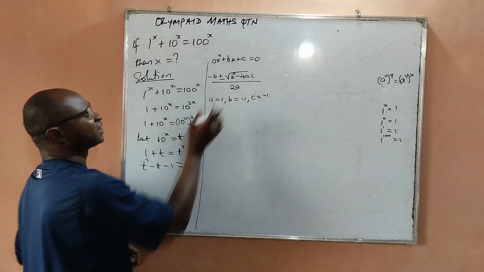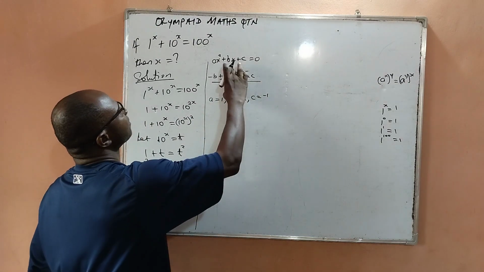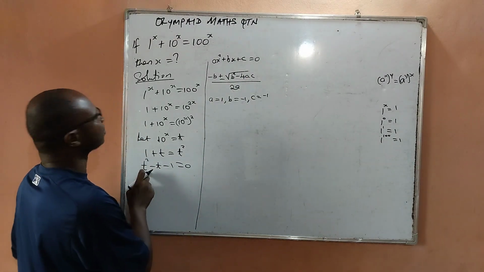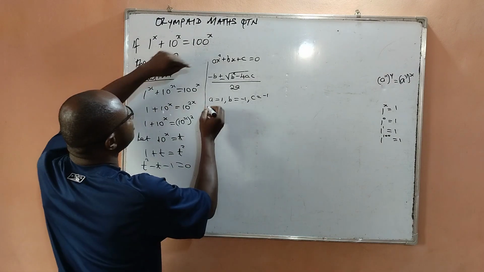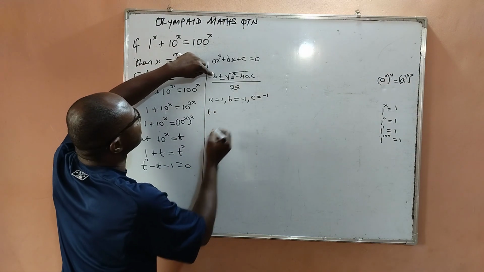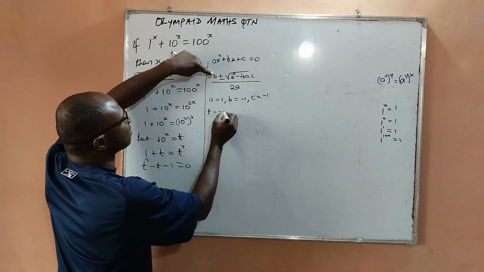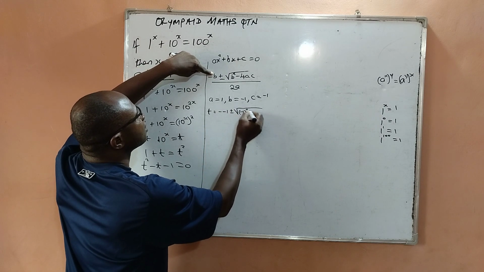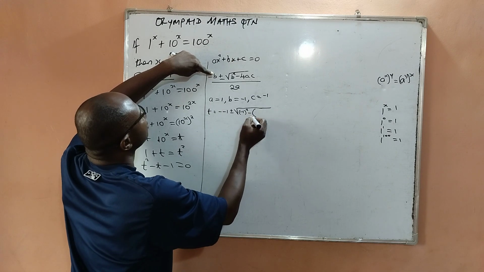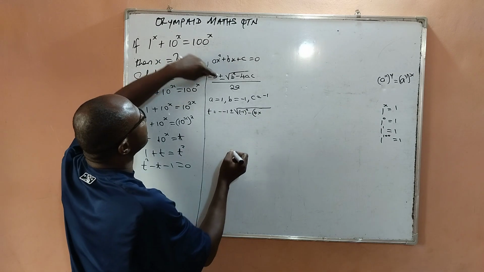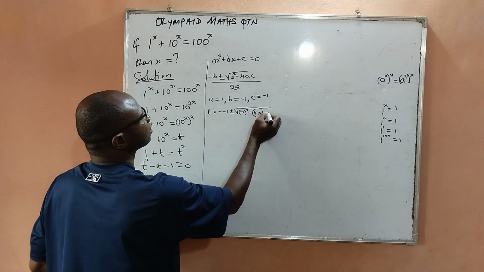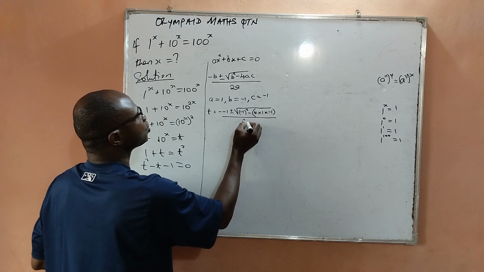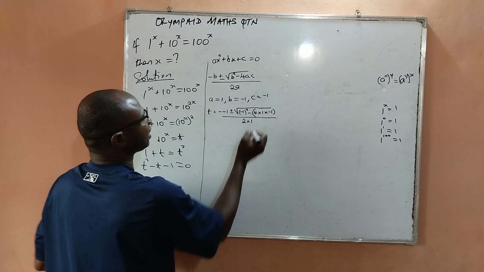And now that we have found the values of a, b, and c, we can replace them into the quadratic formula to find the actual value of t. Therefore, t now will be equal to minus b. B is minus 1 already, which is minus minus 1, plus or minus the square root of minus 1 squared, minus 4 multiplied by a, which is 1, multiplied by c, which is negative 1, all divided by 2 multiplied by a, and a is 1.